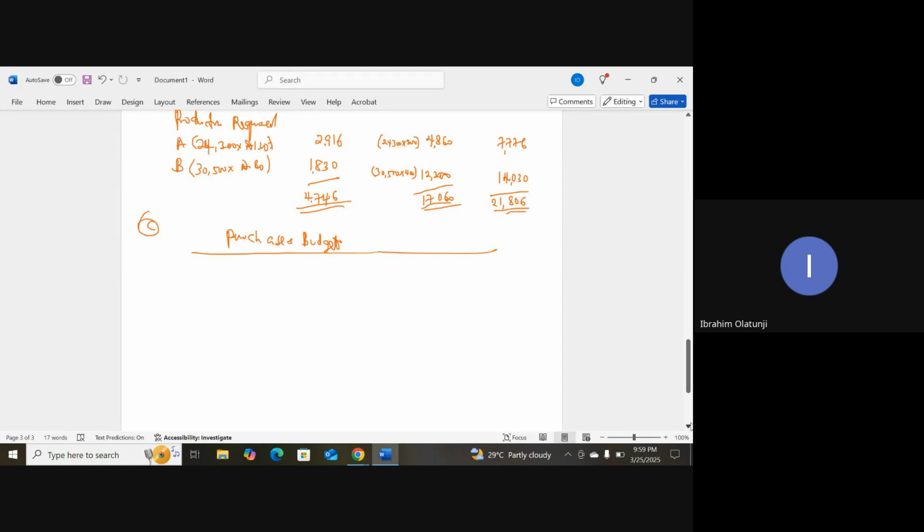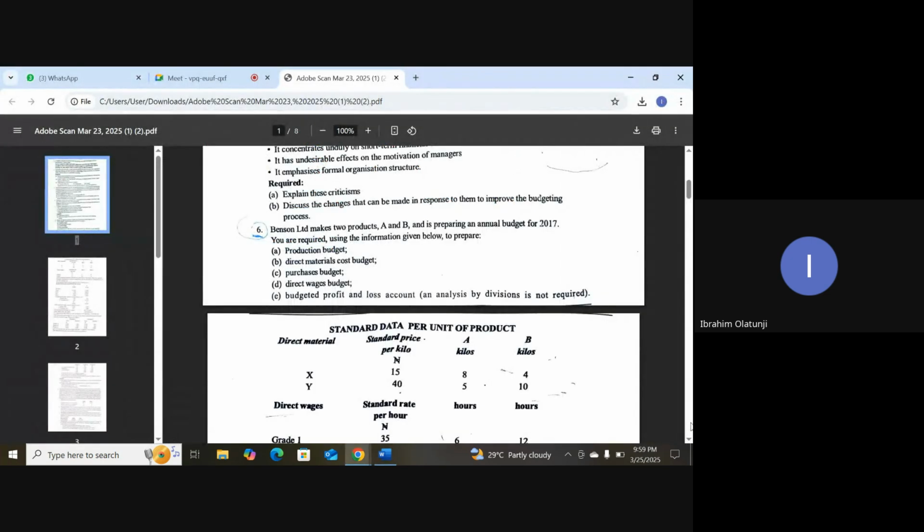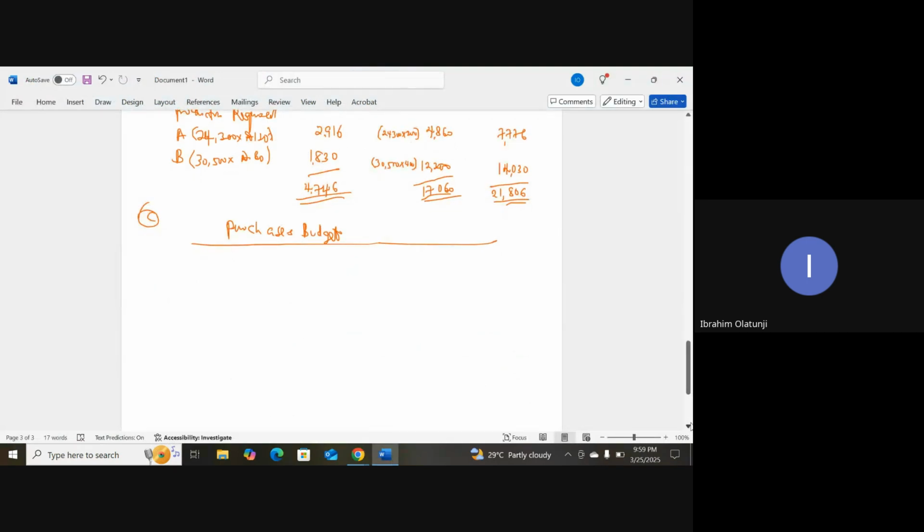But this time around, they are saying purchases budget. Unless the examiner said we should do purchases budget in value, we calculate in value. But this time around, we have to calculate the purchases budget in units. What do you purchase?